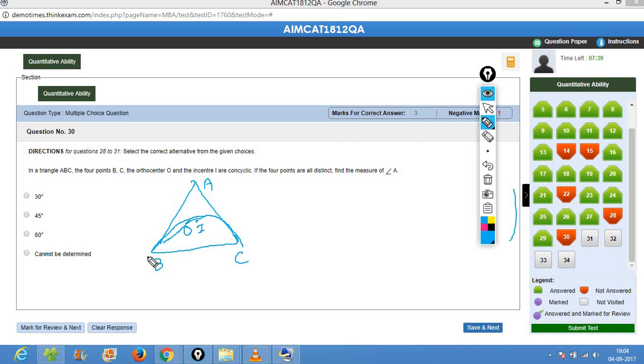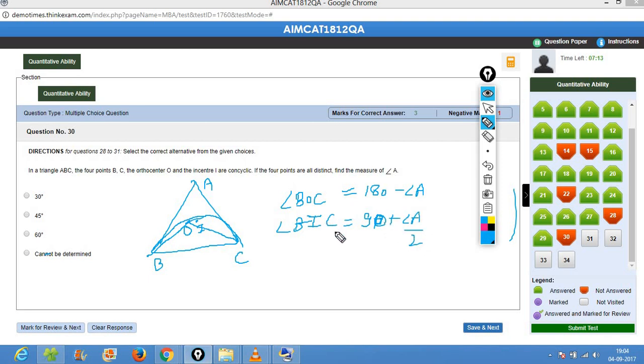So I know the relation for this orthocenter, that is angle BOC is equal to 180 minus opposite angle. What about incenter? Angle BIC is equal to 90 plus angle A by 2.